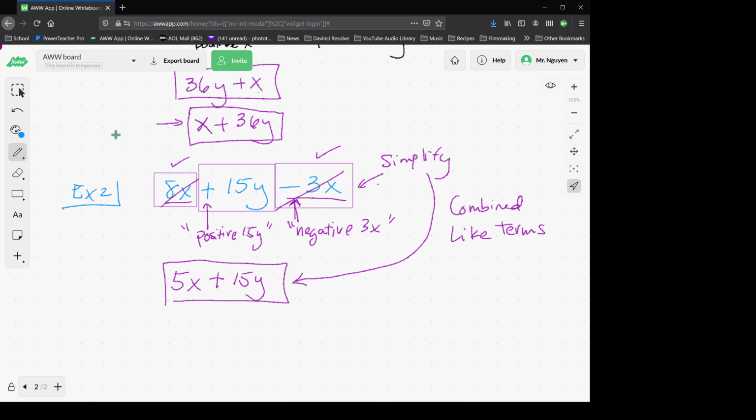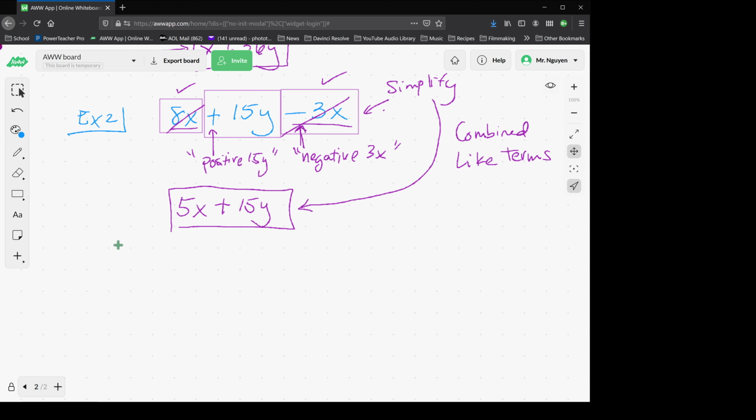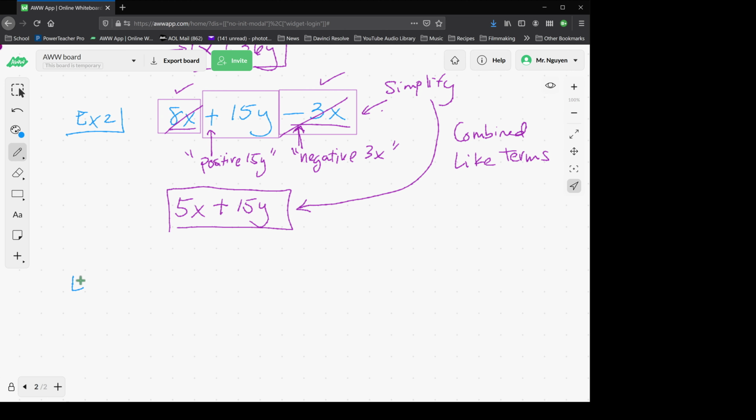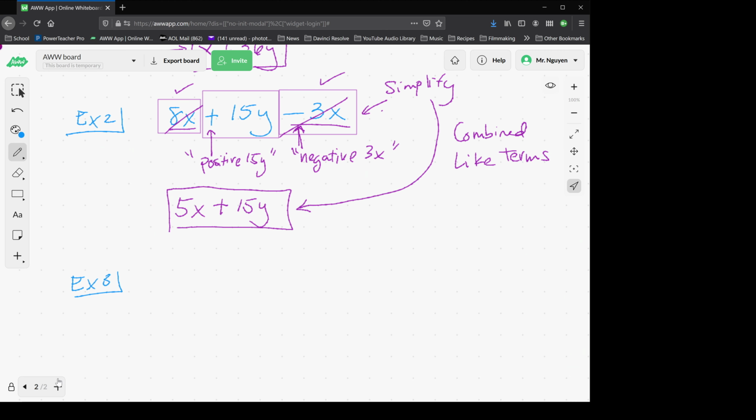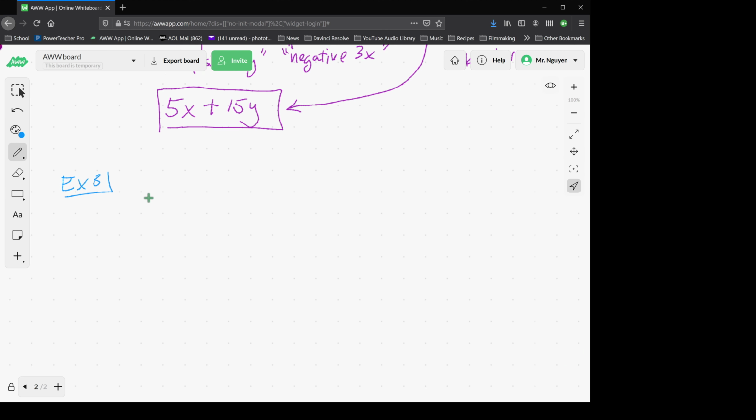Okay. Let's take a look at the distributive property again. How does this apply for the distributive property? I think we saw an example previously of how the distributive property works, right? This is what the distributive property looks like. Now, let's take a look at what that means if we have a lot of variables. So let's just say we have 7 times 3x plus y.